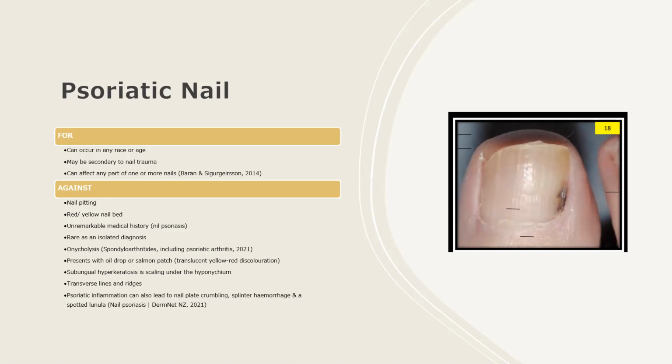There's no signs of onycholysis or any translucent yellow-red discoloration with oil drop or salmon patches. There is no subungual hyperkeratosis or scaling under the nail or transverse lines and ridges. And furthermore, there is no psoriatic inflammation surrounding the nail plate, crumbling, splinter hemorrhaging, or spotted lunula. And so those are some of the reasons ruling out psoriatic nail.